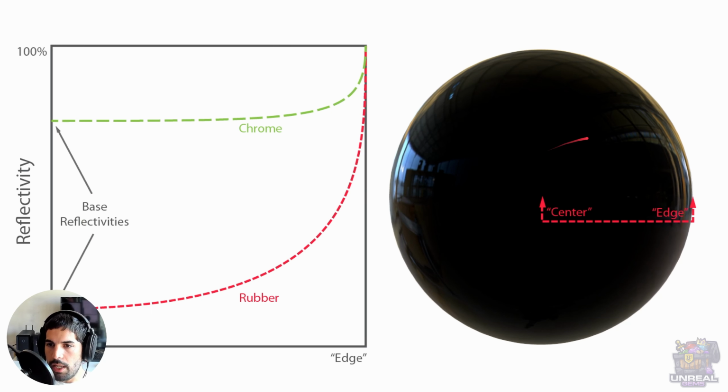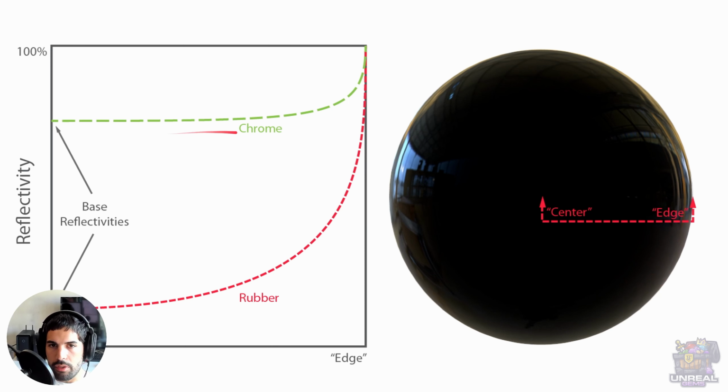You can see here a ball, and you can see that in the center the reflections are way less than in the edge, where the camera has a grazing angle, a more extreme angle, and in which we have more reflectivity. You can see it in the chart.